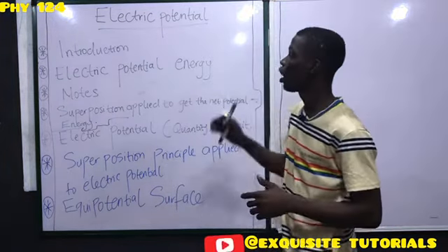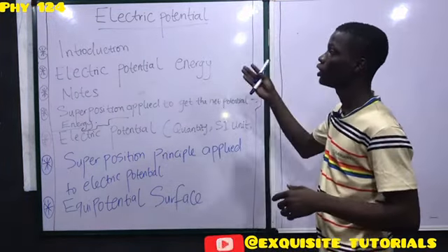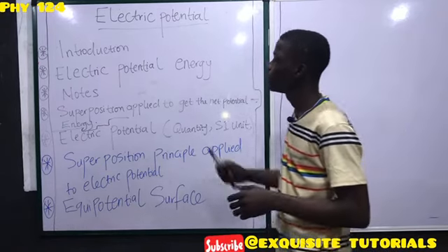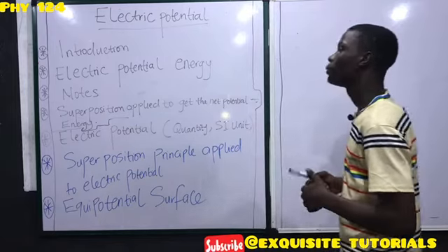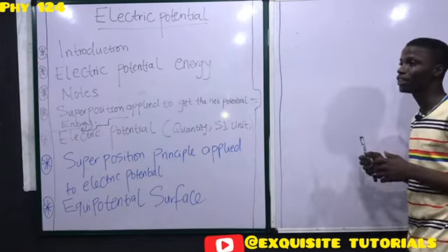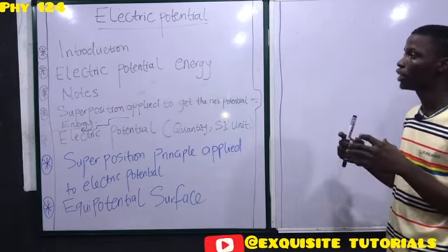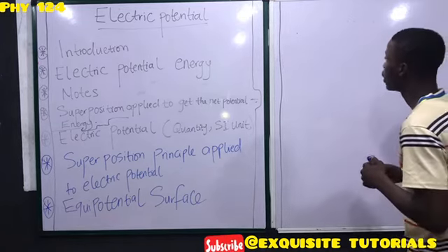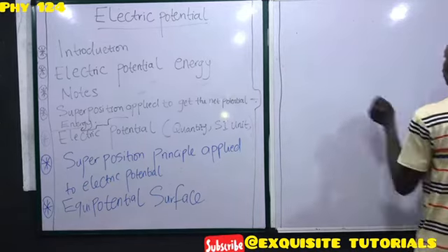Then for our topic today, electric potential, I'll be teaching you guys electric potential, the introduction. First of all, the work done that exists in a moving charge is referred to as the electric potential.